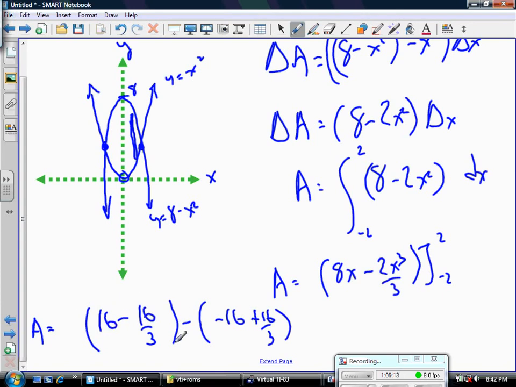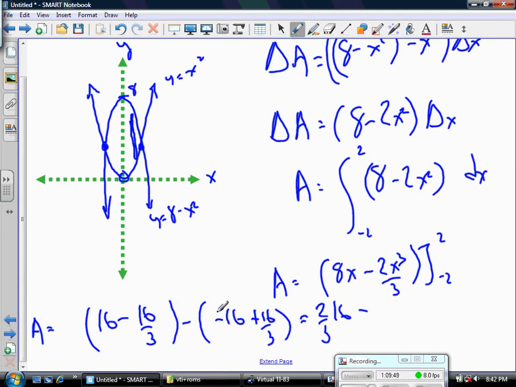Well, what's 16 minus a third of 16? Didn't we play this game a minute ago? I have an apple pie and someone ate a third of the apple pie. What's left of the apple pie for me to eat? 2/3 of it. Same thing here. So I get 2/3 of 16 minus, but wait, what's 16 thirds minus 16 instead of 16 minus 16 thirds? What's the only difference when you change the order of subtraction? This is 16 minus 16 thirds.